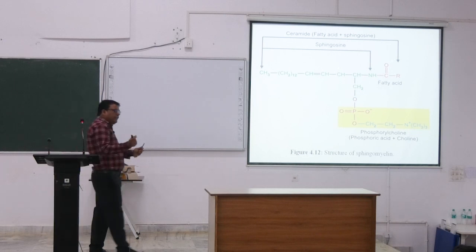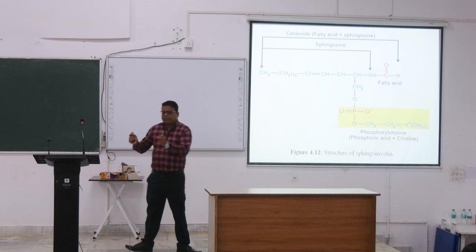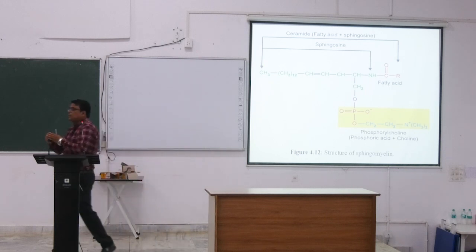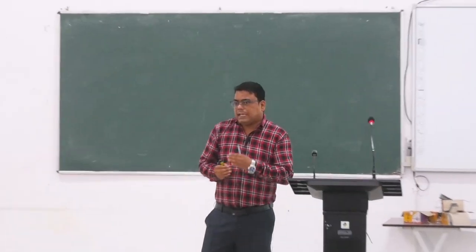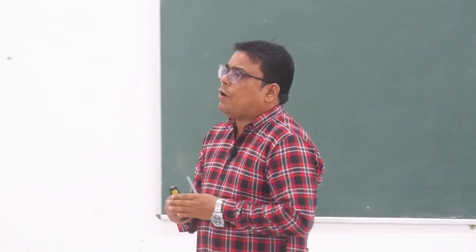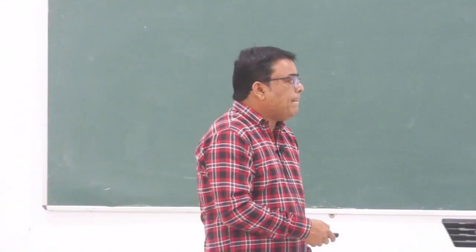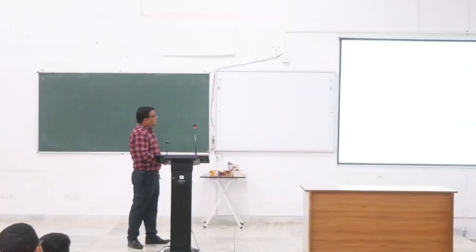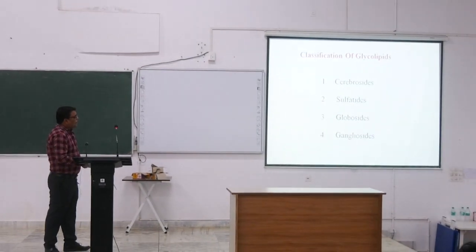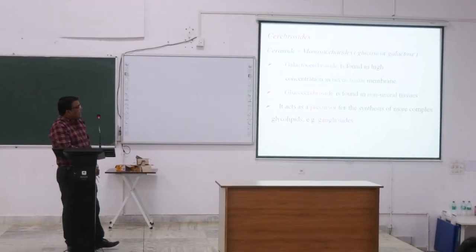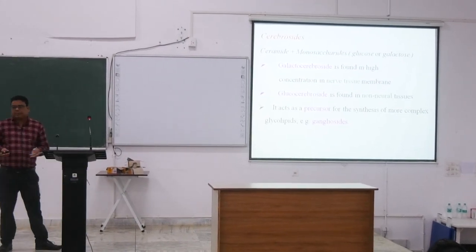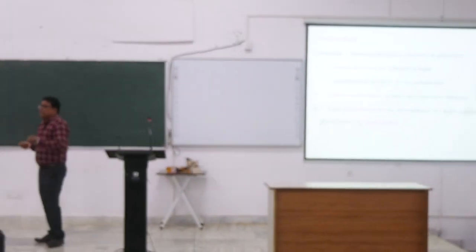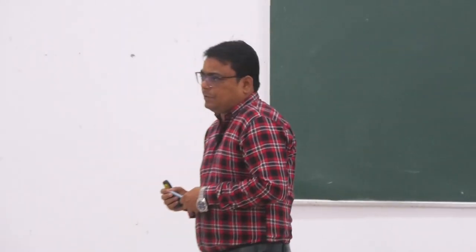And when glucose or galactose is attached with ceramide, it is called cerebroside. It is a subgroup of glycolipids. Okay. Now, galactocerebroside is found in high concentration in the nervous system membrane. That is the site of this lipid. It is abundantly present in the central nervous system tissues.